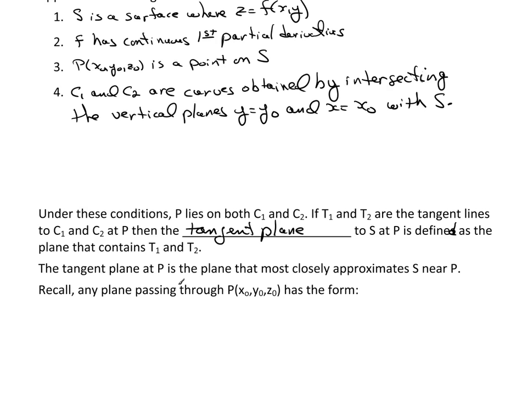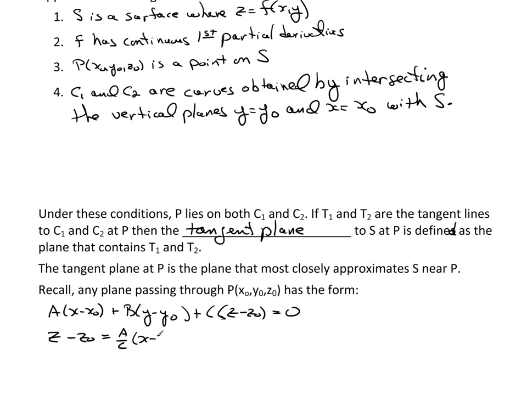Now recall that any plane passing through the point x naught, y naught, z naught will have the form a times x minus x naught plus b times y minus y naught plus c times z minus z naught equals 0, which we can write as, if I divide out the c and move the z over, z minus z naught is equal to a over c times x minus x naught plus b over c times y minus y naught.